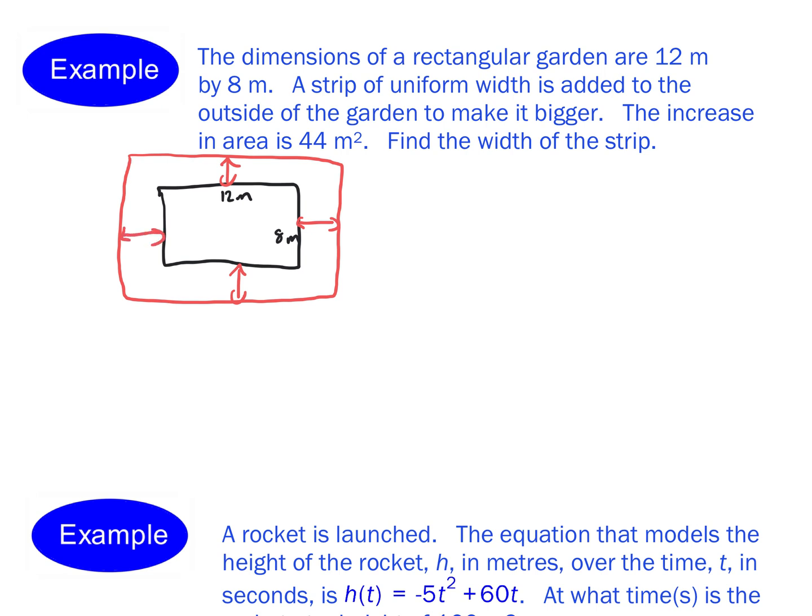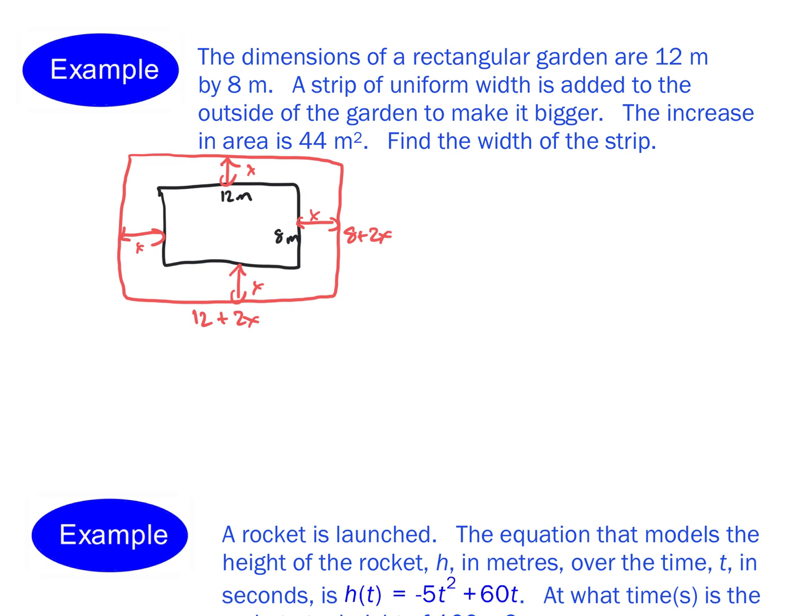We don't know what it is, it's our unknown, so we're going to call it x. And now, this new length is 12 plus x plus x, so it's 12 plus 2x. And likewise, the new width is 8 plus 2x.